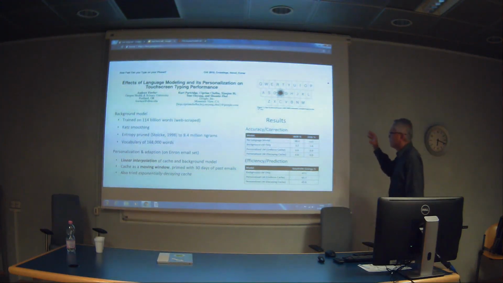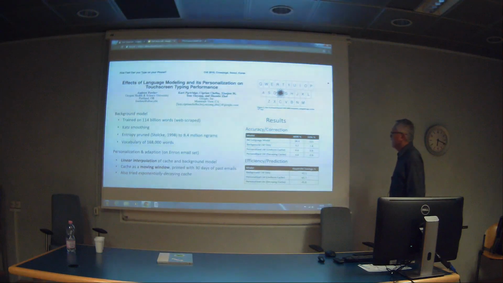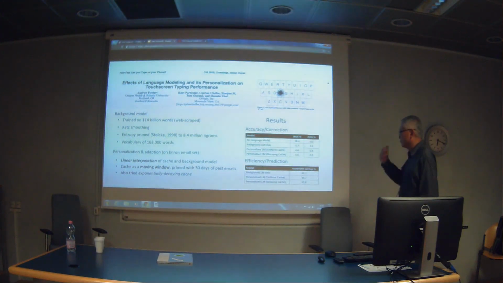So again, without a language model or decoding, it's about 40% of errors, 38 in this test case. But once you apply a language model, even if it's a generic language model, it reduces to about 6% of the words that are wrong. Still a number that is too high to our liking, but it's much, much better than 40%.